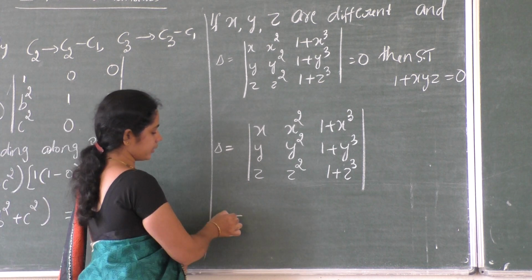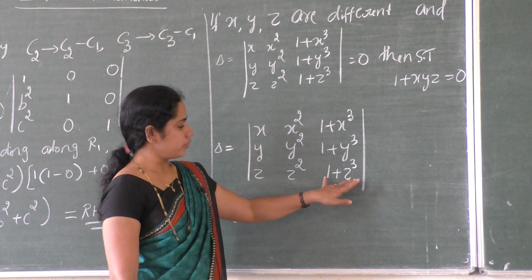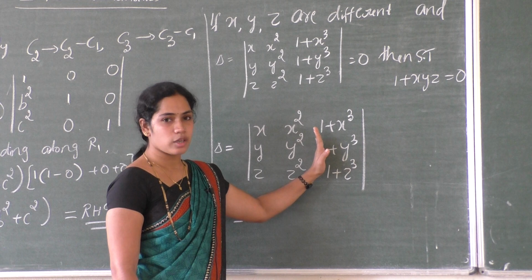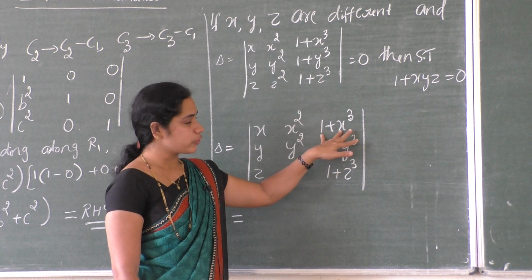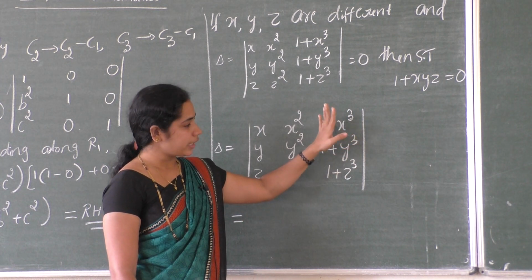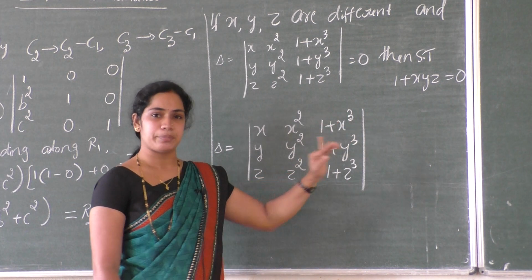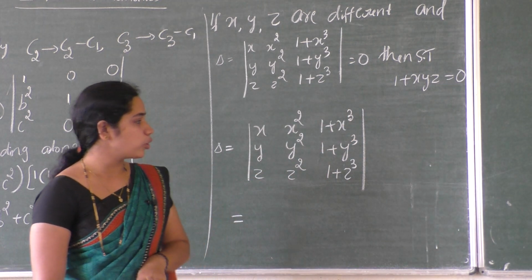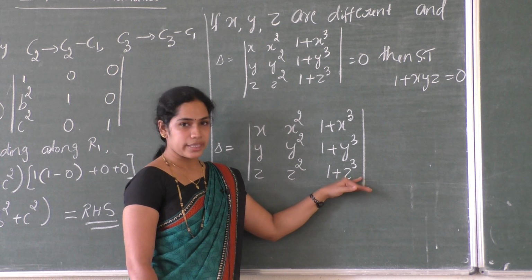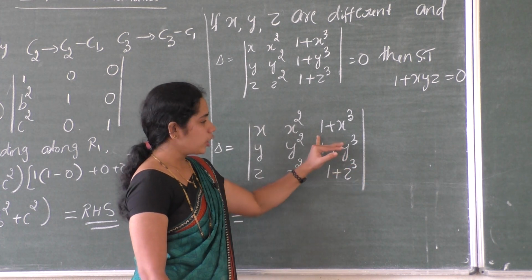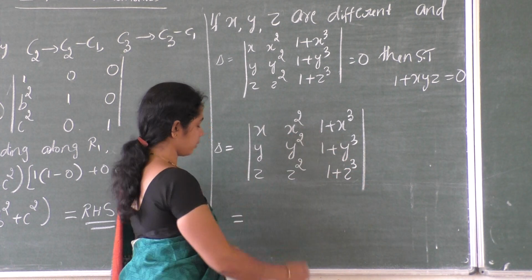Okay, here if any row or any column contains sum of two or more terms, then that determinant can be expressed as sum of two or more determinants. That is the fifth property. Using that, split this determinant.